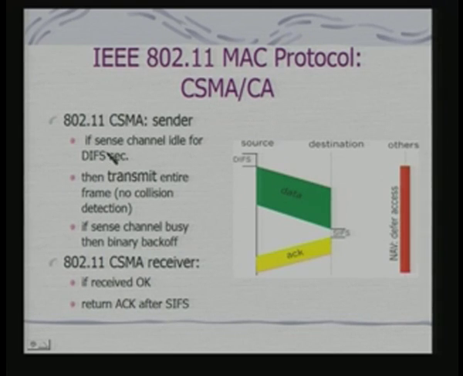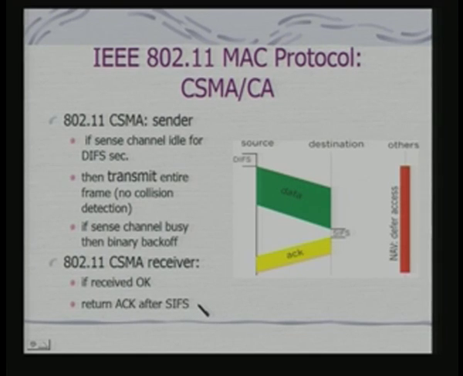Now, what does it do? If it senses the channel idle for some DIFS period, a certain bound, then it transmits the entire frame, because it has not detected any collision. If the channel is sensed to be busy, then you do a binary back off. The receiver, if the frame is received okay, returns an acknowledgement after a certain time period, which is SIFS.